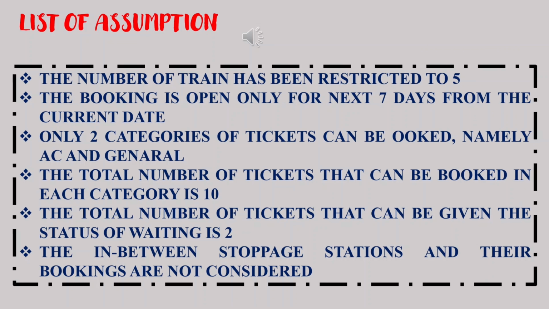Next, the total number of tickets that can be booked in each category, AC and General, is only 10. The total number of tickets that can be given the waiting status is 2. And lastly, the in-between stoppage stations and their bookings are not considered.